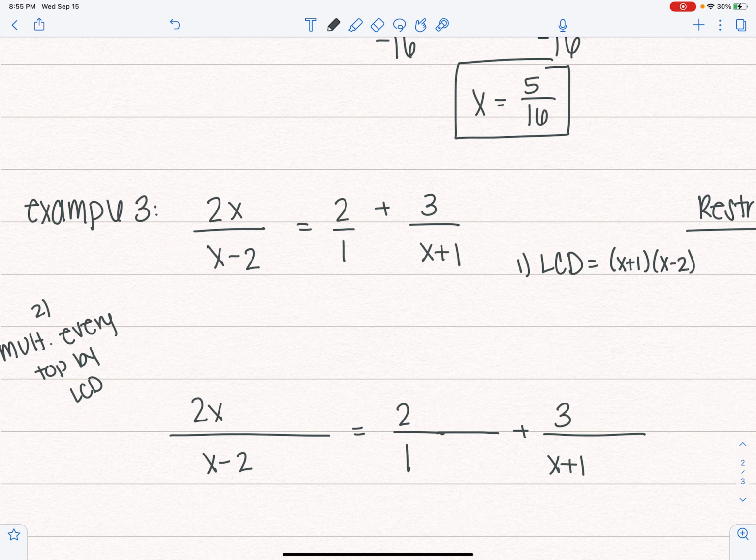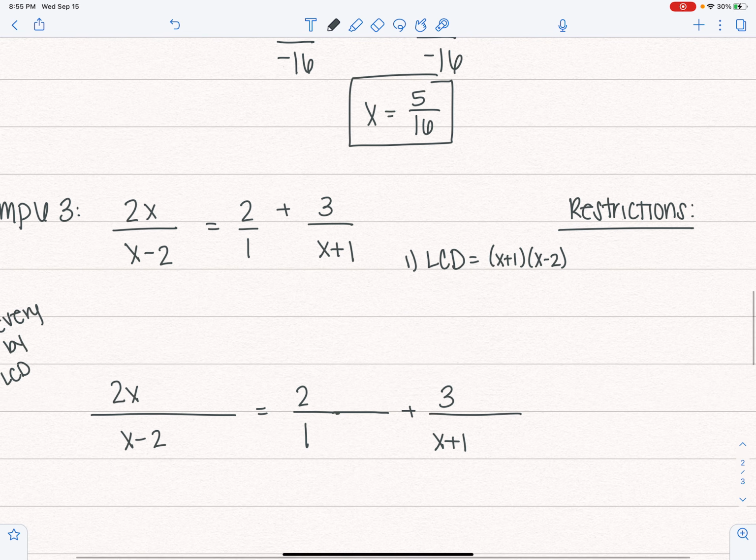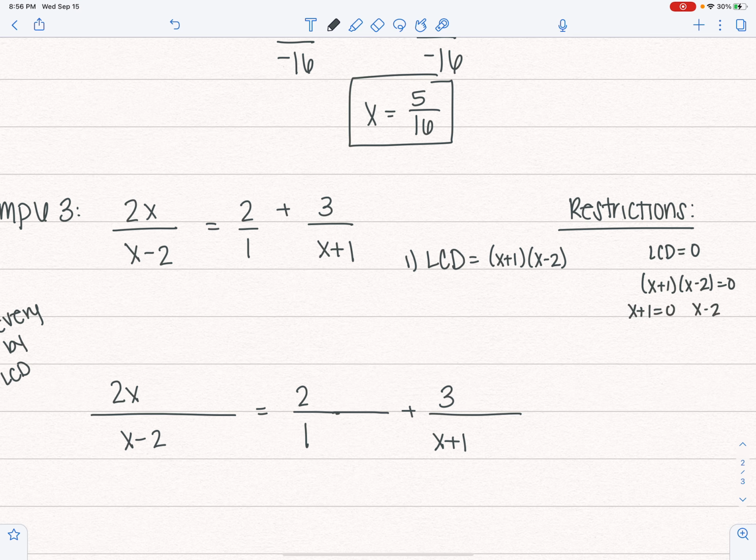And so we said in the last example, the easiest way to think about your restrictions is to think about setting the LCD equal to 0. So I've got x plus 1, x minus 2 equals 0. Set each one equal to 0 to solve this. And so I've got those two as my restrictions. So I've got a restricted value at -1 and a restricted value at +2.